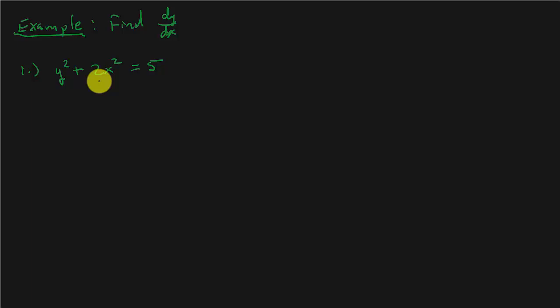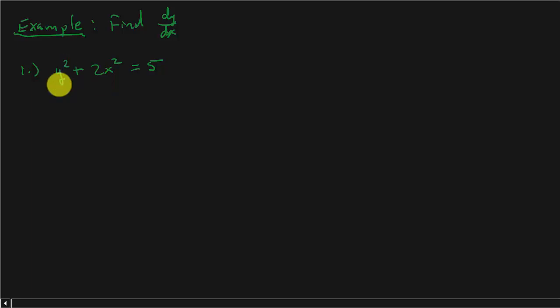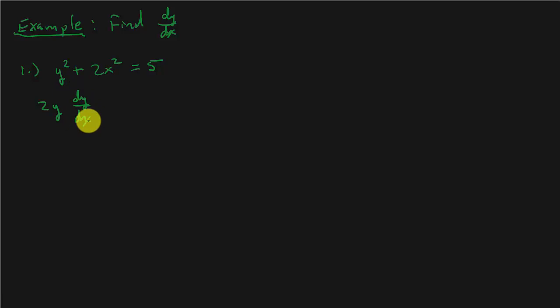Everything's normal. So the derivative of y squared is going to be 2y times dy/dx. So what's going on there?